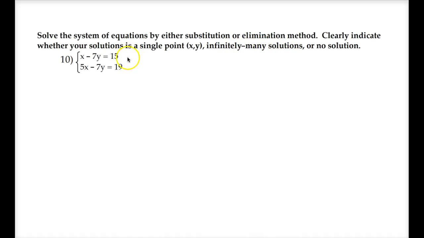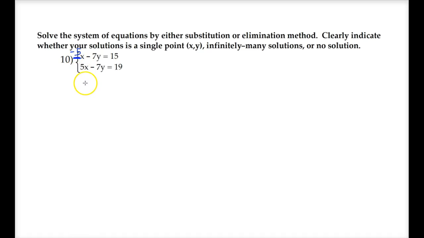So the first thing that we want to do here is, if we were trying to solve this by, let's say, elimination, because I think this is an easier way to do it for this problem, we're trying to either eliminate our x variable or our y variable. If I had a -5 right there, and I added these two equations together, I would be able to eliminate x because -5x plus x is 0.